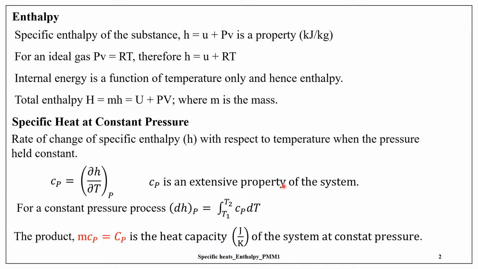The product m Cp is the heat capacity, which is denoted by the symbol capital Cp, and the unit is joule per kelvin. So heat capacity of the system at constant pressure is denoted by capital Cp.